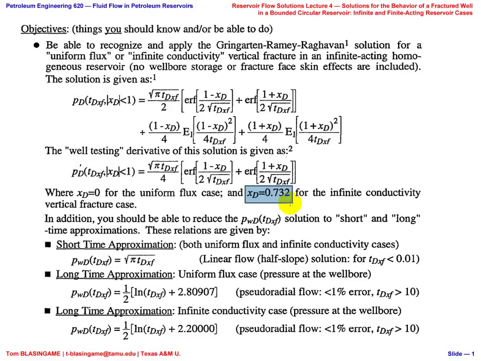So if you evaluate the uniform flux solution at 0.732, with that being 0, this being 1, somewhere in here, then you achieve essentially the infinite conductivity vertically fractured well solution. Okay? It's a trick, but it works. Okay? So we have uniform flux or infinite conductivity, either one.